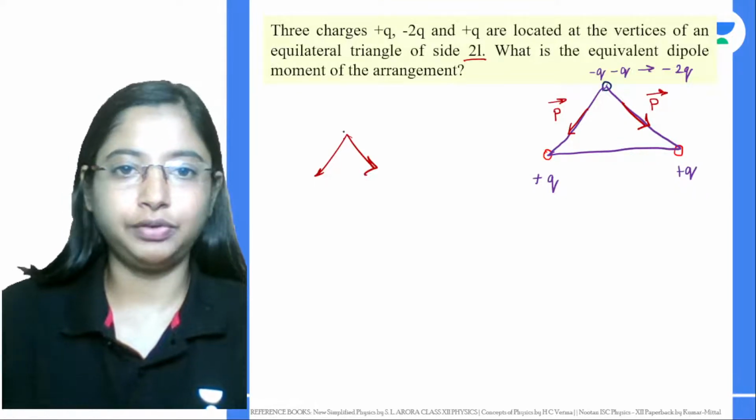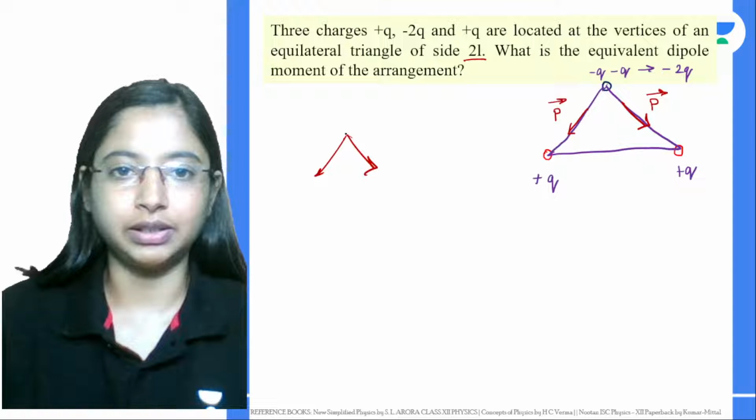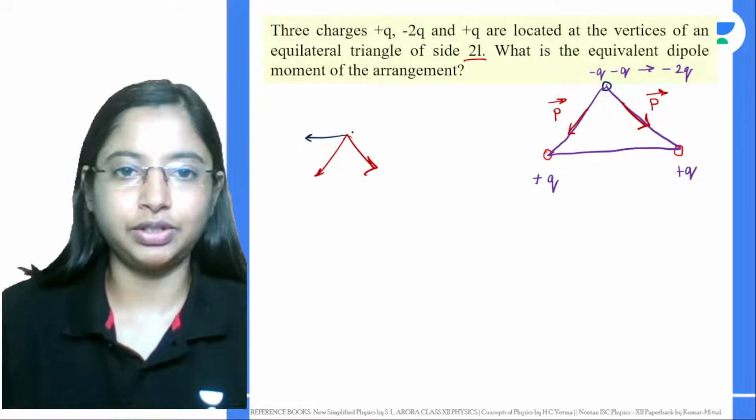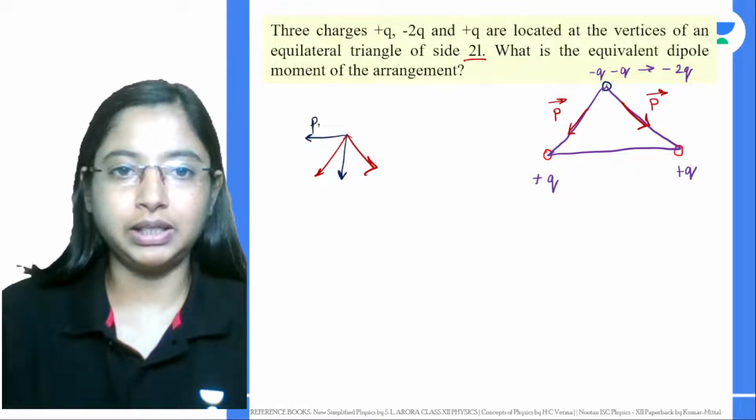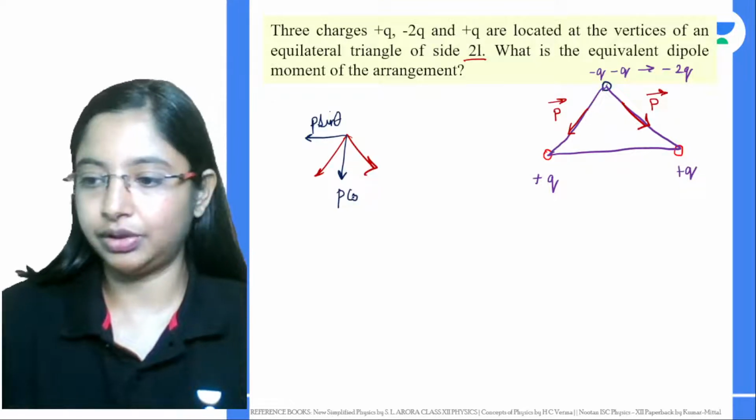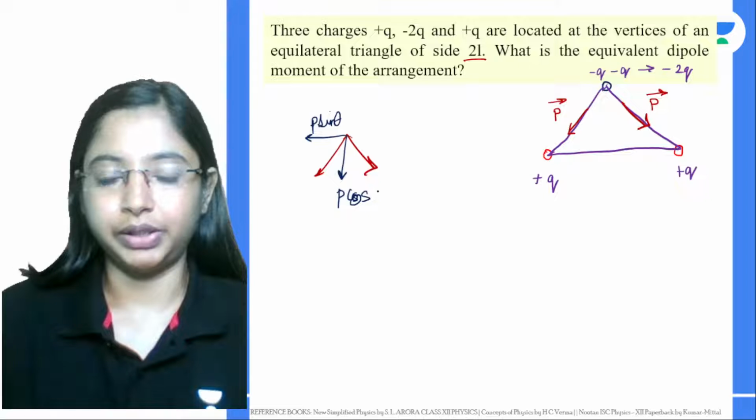If I resolve this vector, one component will go in this direction, and for this vector, one will go in this direction. For this vector, this will be the p sine theta, and this will be the p cos theta component.